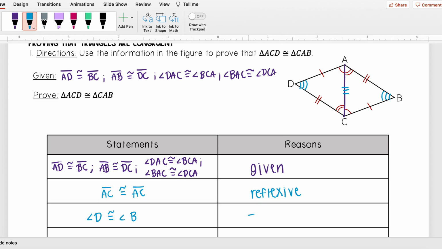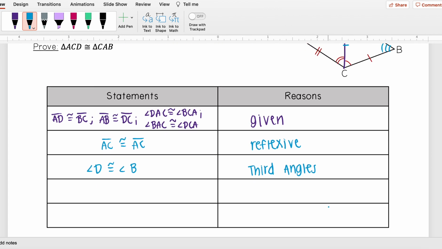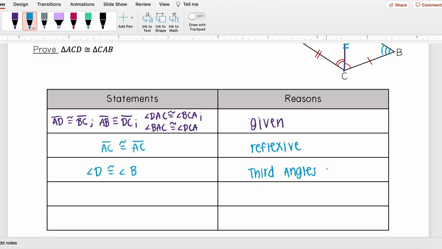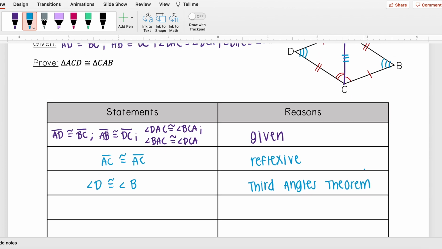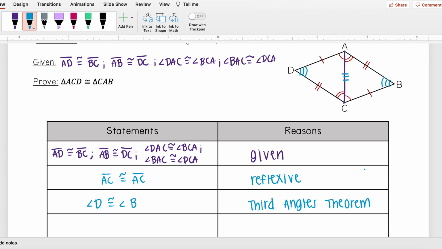So remember, that was our third angles theorem.